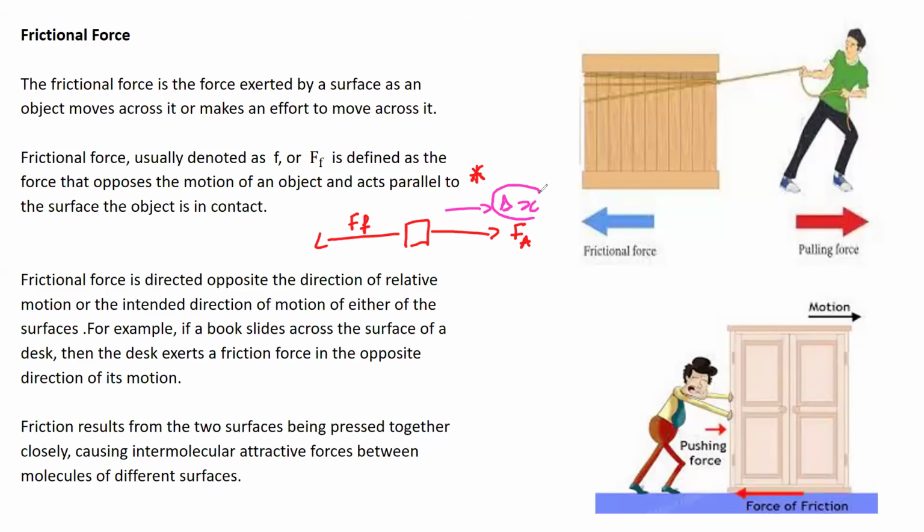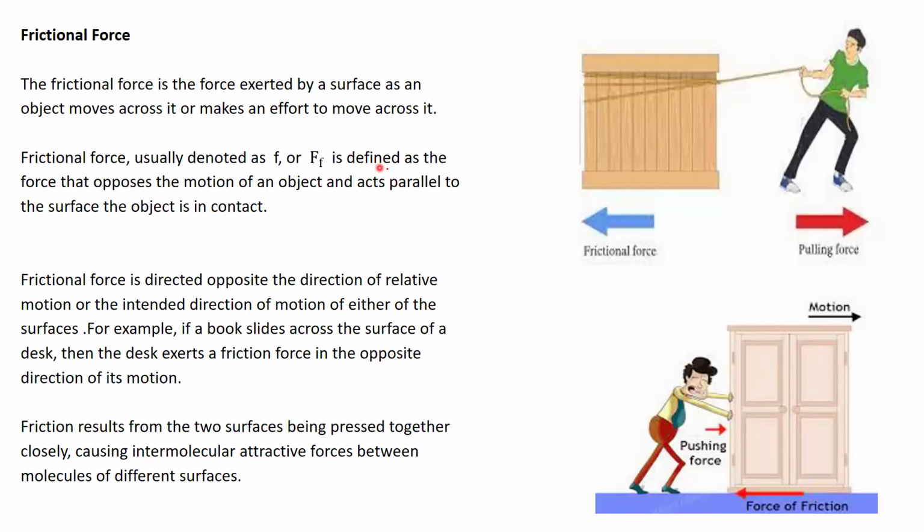If the object is moving to the right, frictional force acts to the left. If the object is going up an incline, frictional force acts down that particular incline. Always, by essence, opposing the direction of motion of the object and acting parallel to the surface. Here's a colloquial basic definition of it.